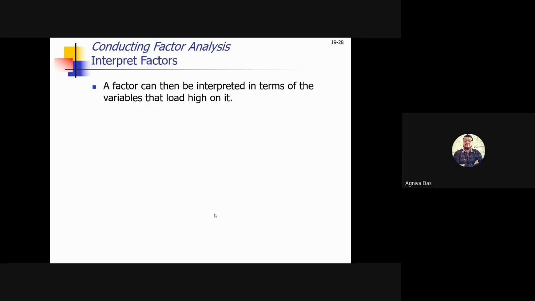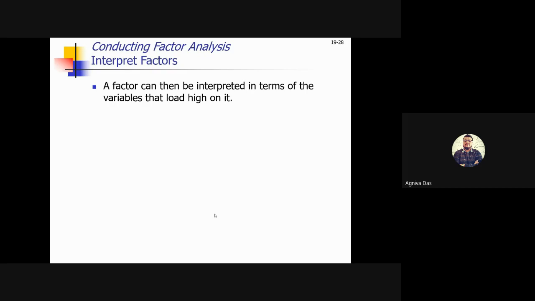So if I want to interpret factor 1, all I need to know is about its counterpart. By its counterpart, I mean if I want to know about factor 1, I will need to know about variables 1, 3, and 5. If I know what variables 1, 3, and 5 do, I know what this factor does.